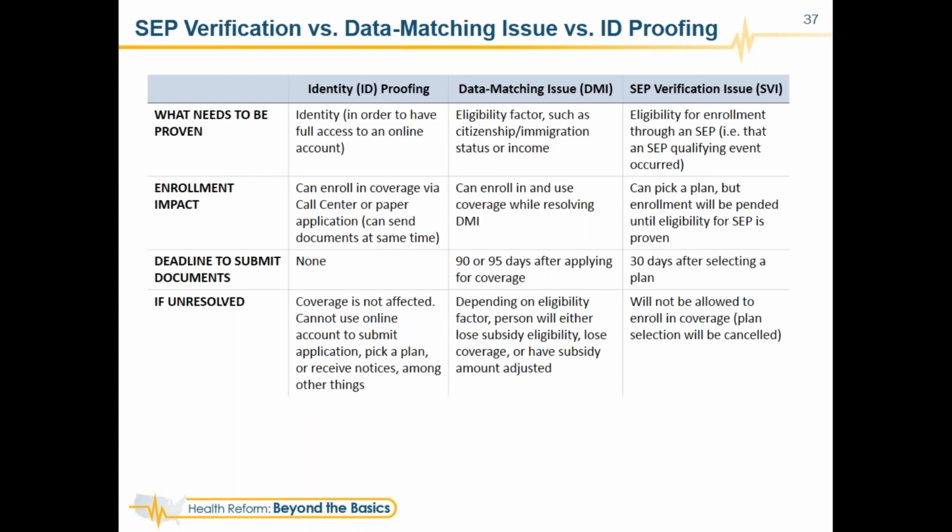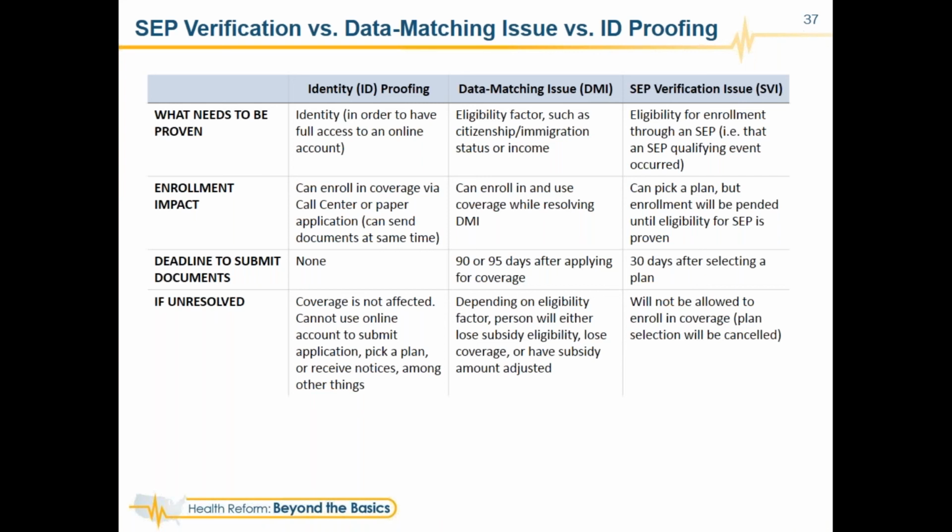So we have 3 separate reasons why documentation may be required. People are blocked in different ways for failure to ultimately provide sufficient documentation, and people are treated differently during the window of time given to provide documents.